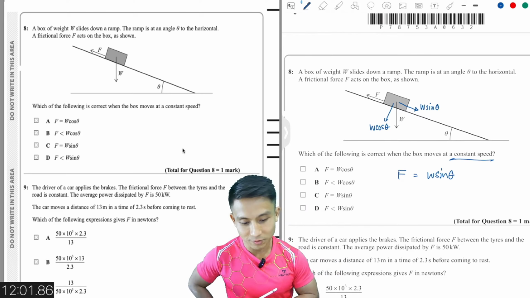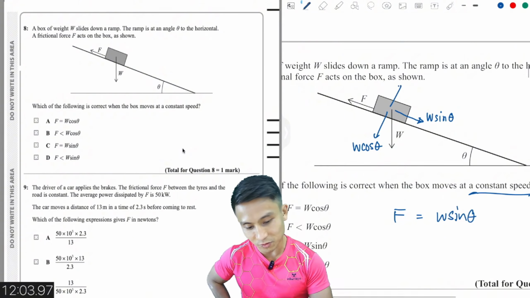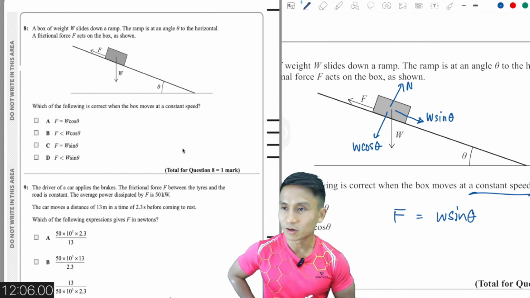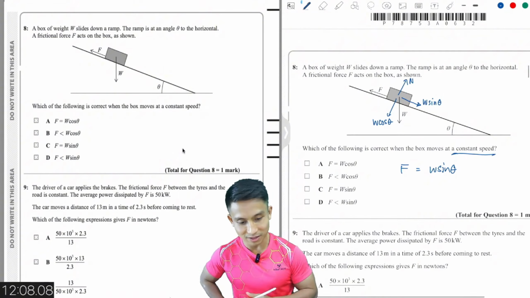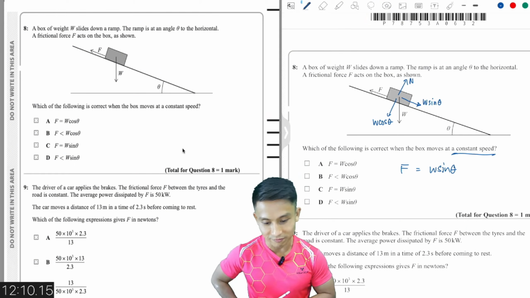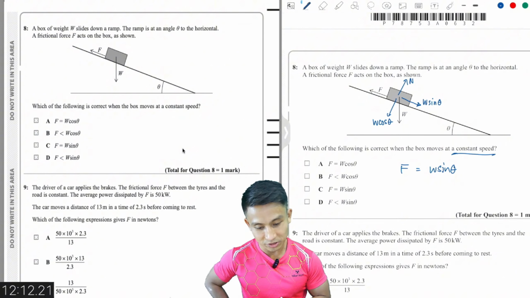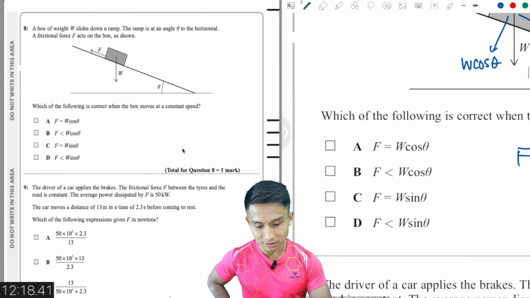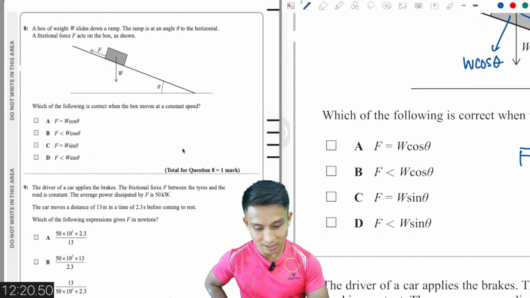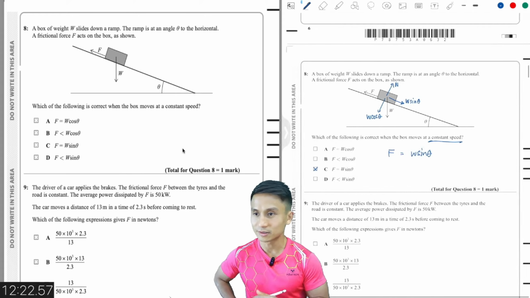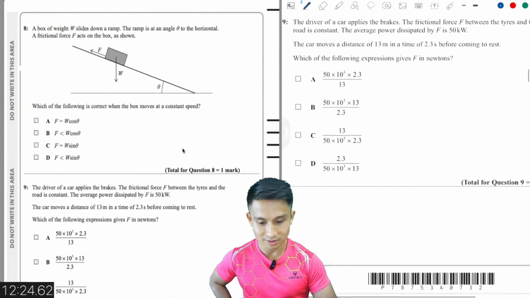We also have the normal reaction, but we don't care about it because the options don't involve N. We just care about F, the friction. So friction should be W sine theta, because it's at a constant speed. So it's this one. That's it.